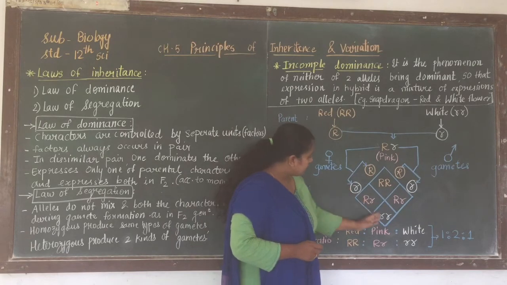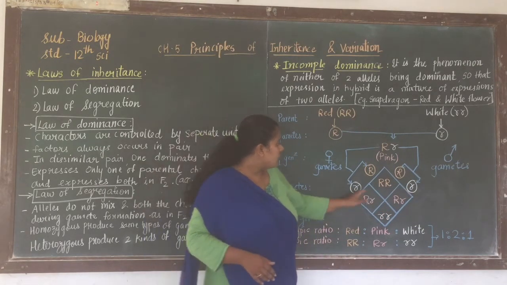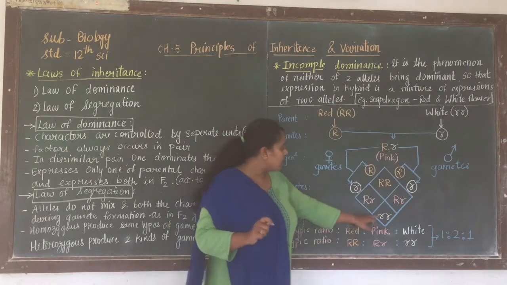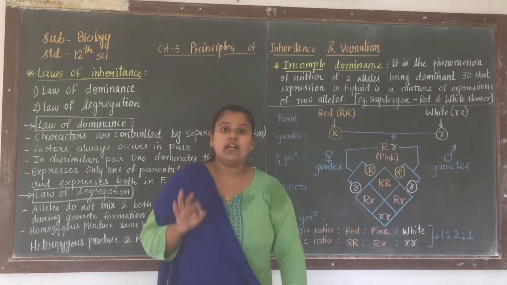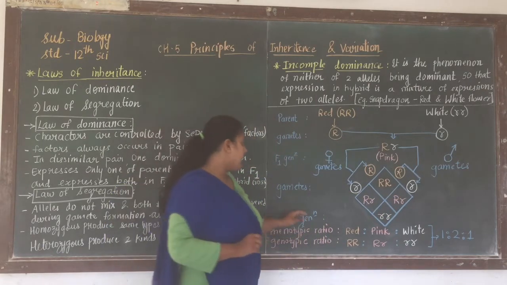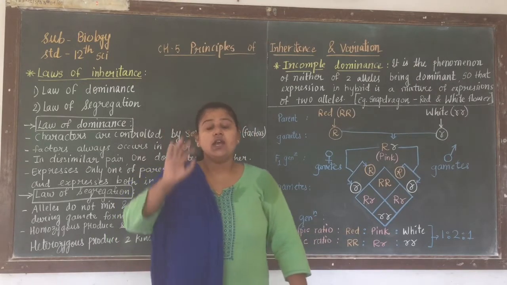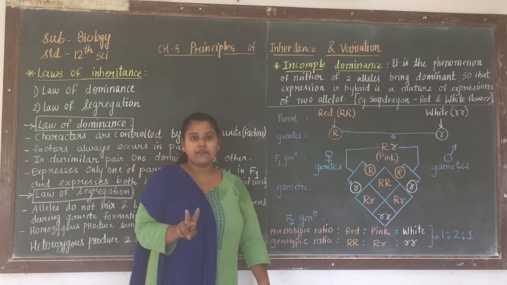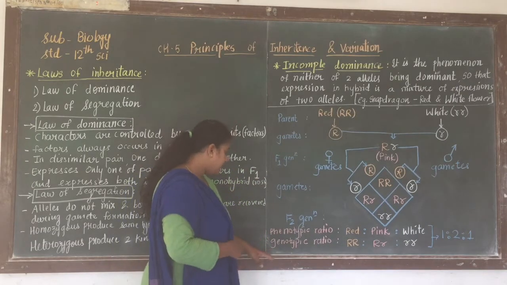The last one, small r small r, is going to form the white flower. Amongst this Punnett square, one will be red in color, one will be white, and the other two will be heterozygous and pink in color, right? So this is what we get in the F2 generation. Based on this F2 generation, we are going to see two types of ratio, the genotypic ratio and the phenotypic ratio, right?